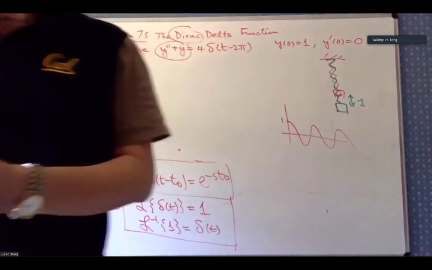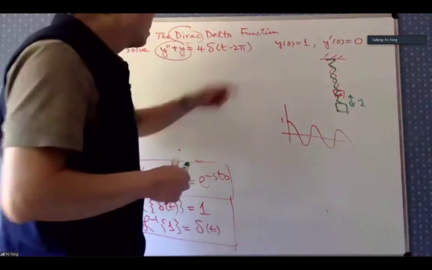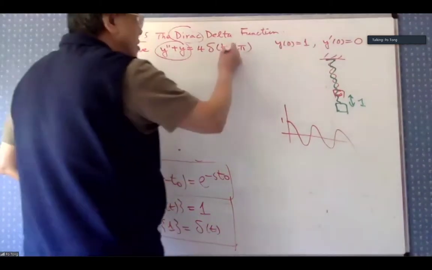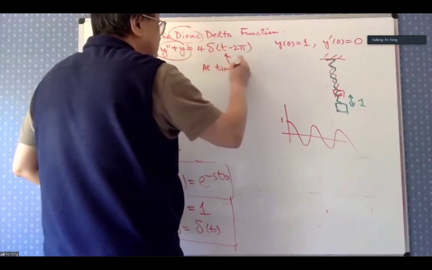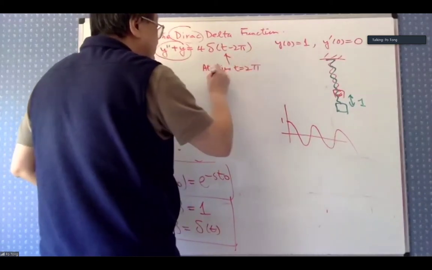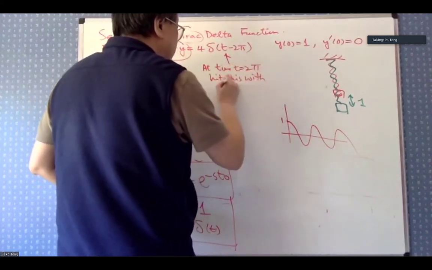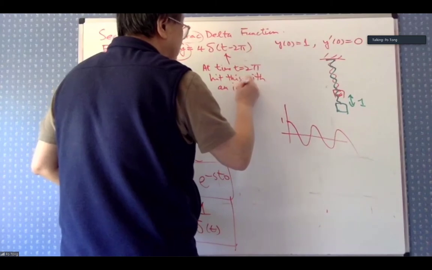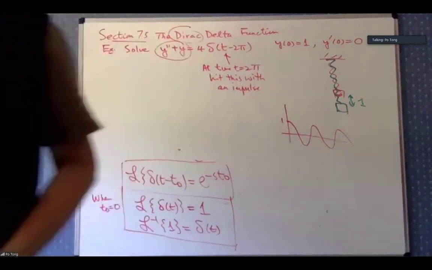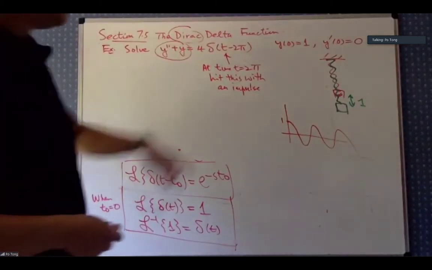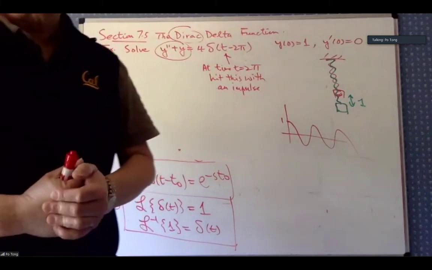Simple harmonic motion. But suddenly at time t equal to 2 pi, you hit this with an impulse. Basically, you use a hammer to hit it. How hard do you hit it? With a magnitude 4 times the unit impulse.